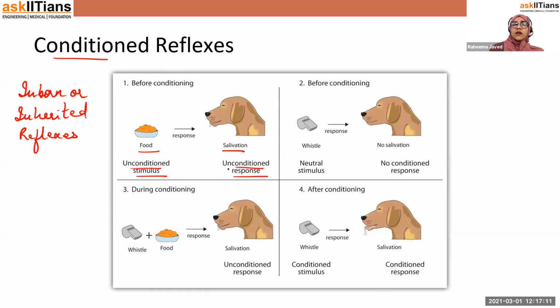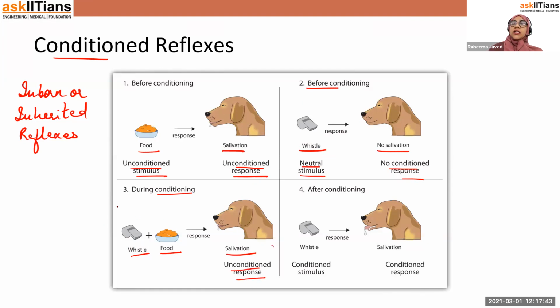So salivating at the sight of food is an inherited reflex, you can say. Then he whistled, and the response given by the dog was no salivation. This was before conditioning. So the whistle is a neutral stimulus, and no salivation was no conditioned response. But during conditioning, while he showed the food, he whistled also, and the response was salivation, and this is known as an unconditioned response.